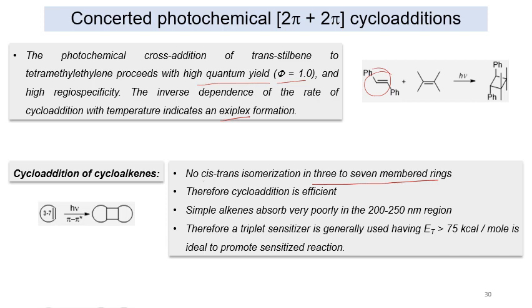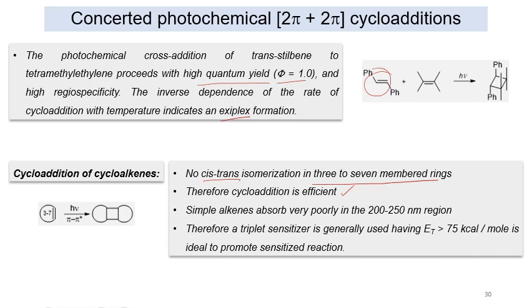Therefore, cis-trans isomerization usually does not occur under photochemical conditions in 3 to 7 membered ring systems. What does this mean? This means that the cycloaddition can now be efficient because a competing process is not possible.